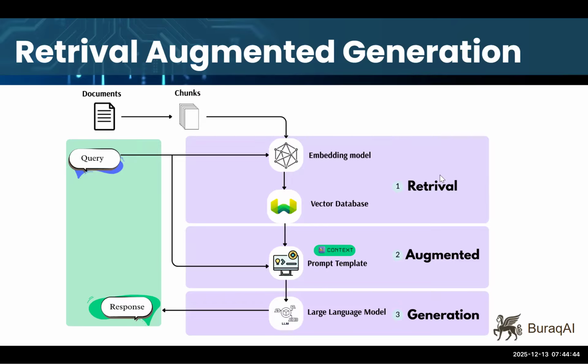This all comes as a retrieval process. Then combining the context, the search results from the vector database, and the query into a prompt template is called augmenting your prompt. You're not just sending the query, but also sending some of the results to your LLM model. So that is called augmented. Now you send this question and context to the LLM model, and it generates a response. That is generation. So that's called RAG architecture, retrieval augmented generation.